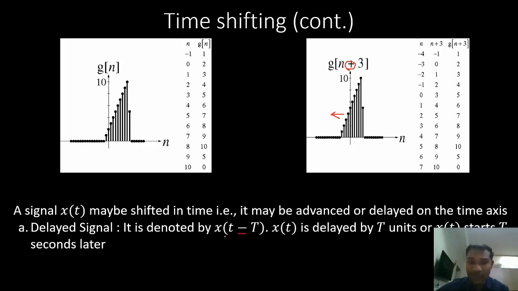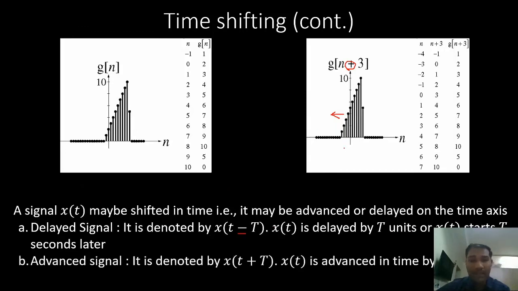That is, the original signal x of t is delayed by T units, and it starts T seconds later. Similarly for advancement, x of t plus T, x of t is advanced in time by T units, and it starts T seconds earlier.